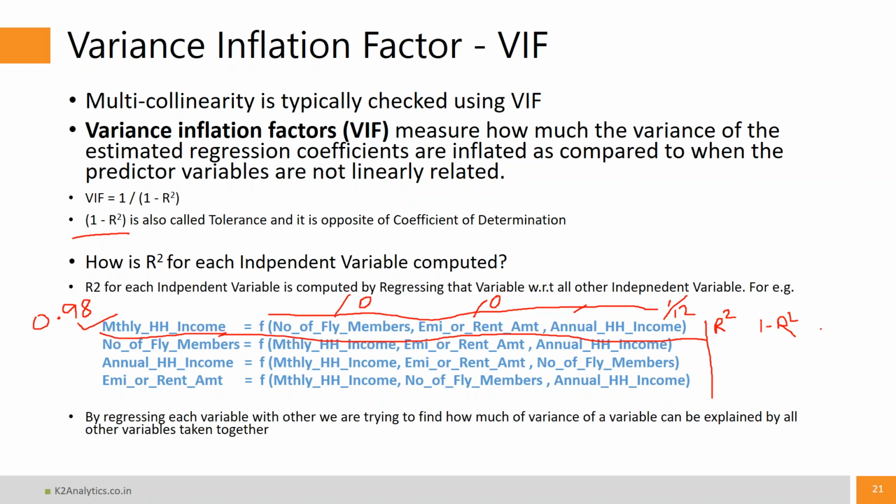So all these calculations will give me a VIF for each of these variables. I'll have a VIF for this, for this, for this, and for this.